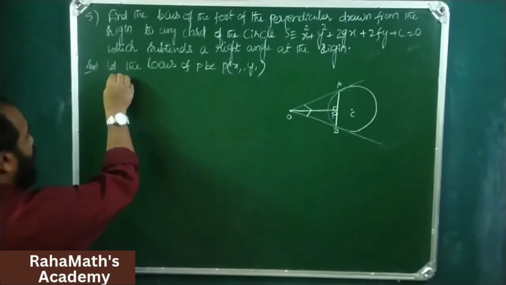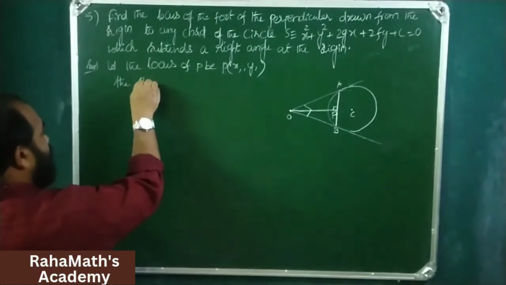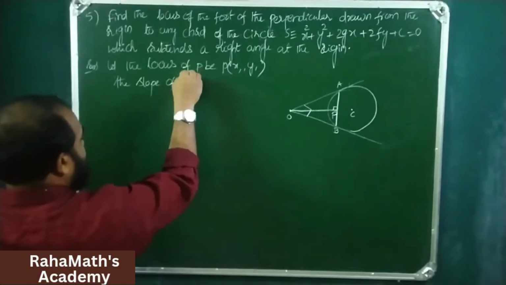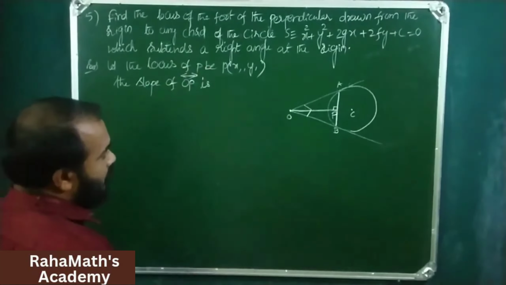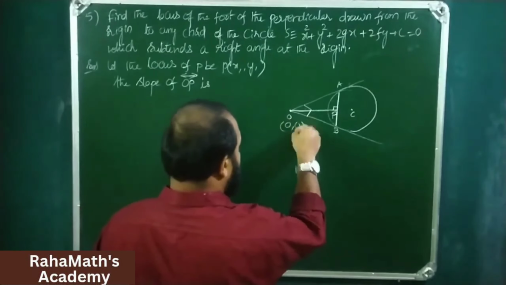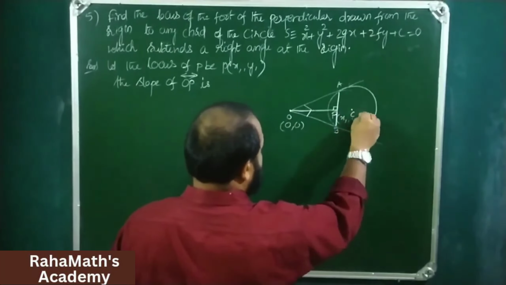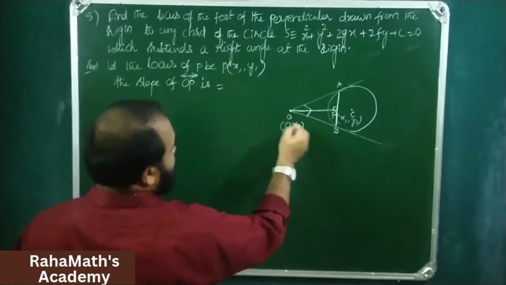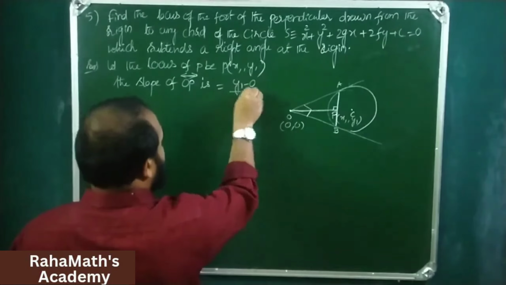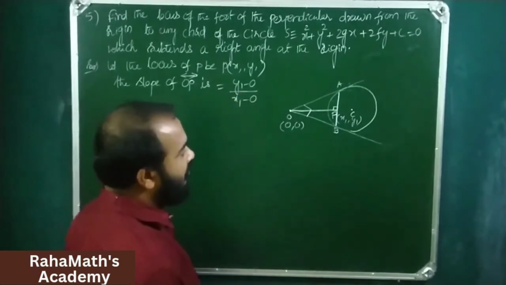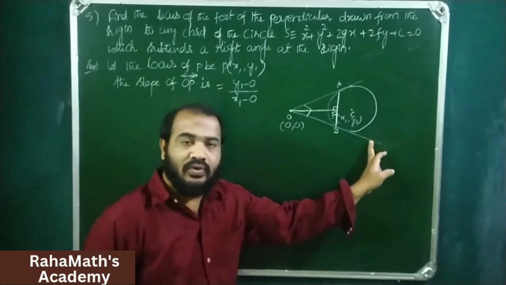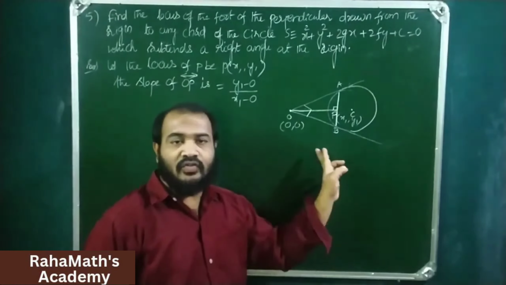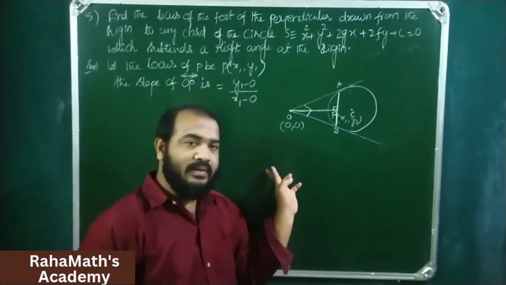So the slope of OP is, with points (0, 0) and (x1, y1), (y1 minus 0) by (x1 minus 0). The slope of the line joining the two points (x1, y1) and (x2, y2) is (y2 minus y1) by (x2 minus x1), the difference of the ordinates by the difference of the abscissa.